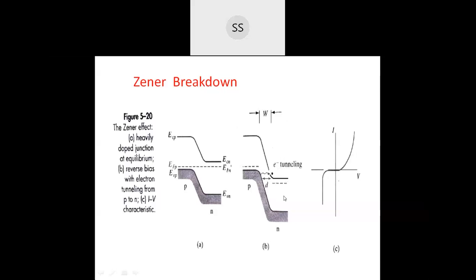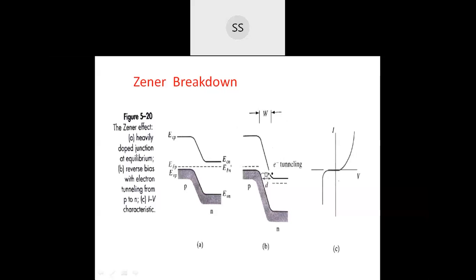Now if the barrier that is separating these two bands is very narrow, you can just compare that. This is the separating region, the barrier that separates these two bands. Here in figure B, you can see that separating part is very narrow.